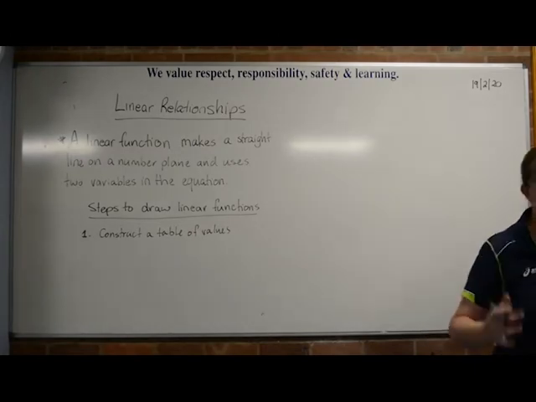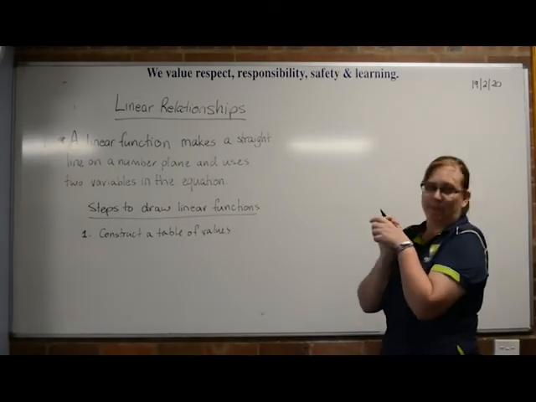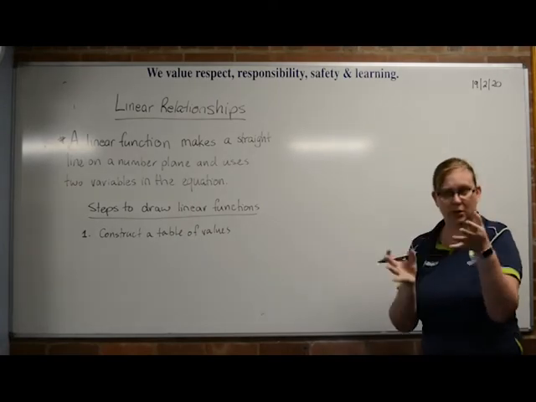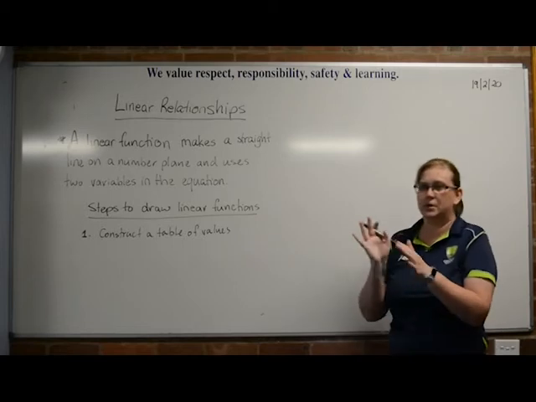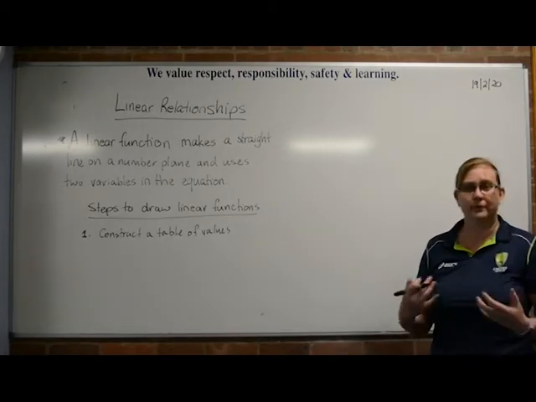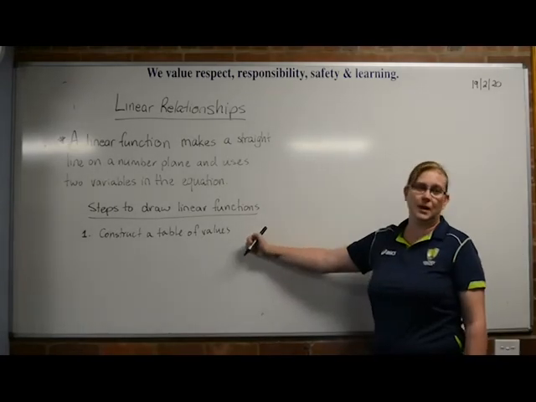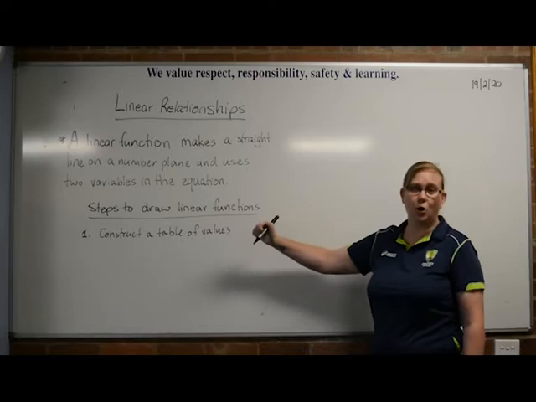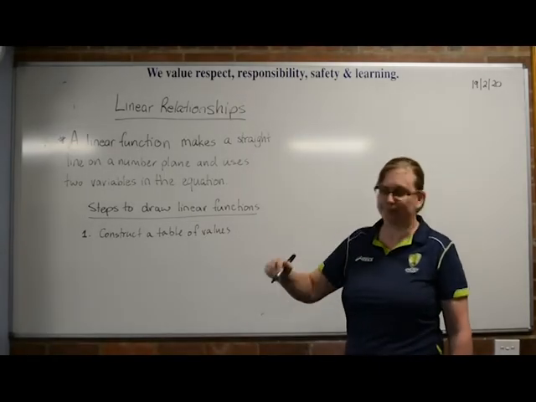So we're going to use that equation that we're given, that linear function. Equation and function are interchangeable in this instance. We're going to use the variables, plug in values, and create a table of values, which gives us a whole bunch of coordinate pairs that help us draw the line.